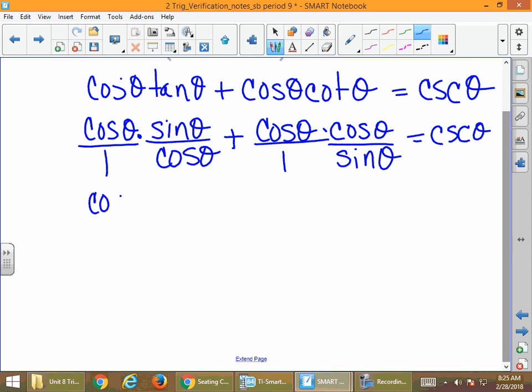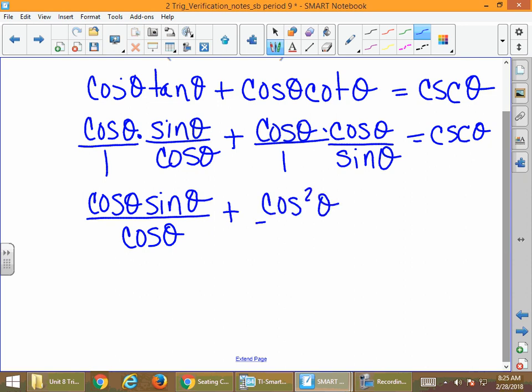We end up with cosine theta, sine theta on top. 1 times cosine theta is cosine theta. Over here, when we multiply the top, cosine times cosine is cosine squared theta. 1 times sine theta is sine theta. And we can simplify a little bit more.